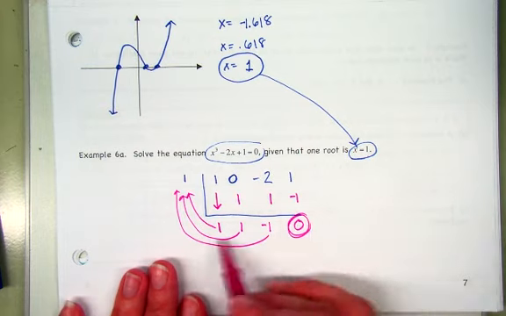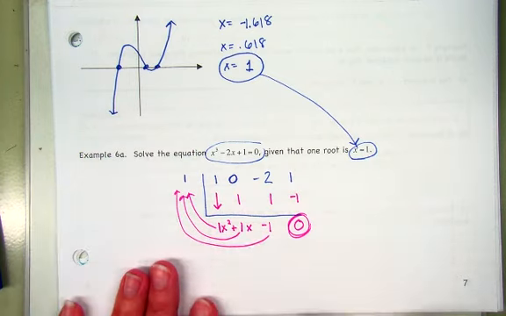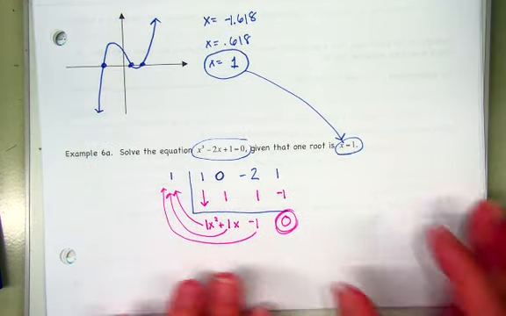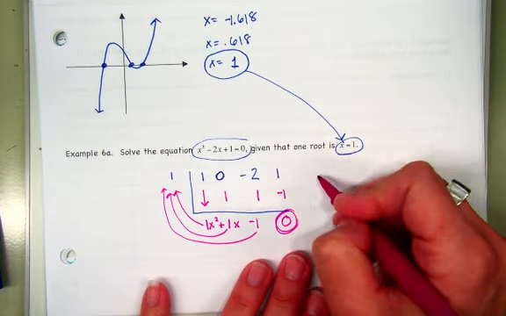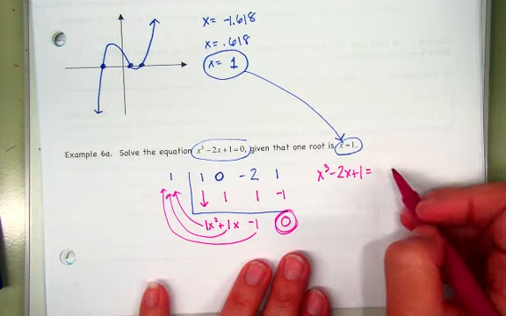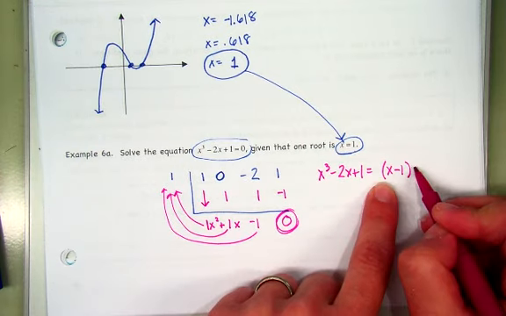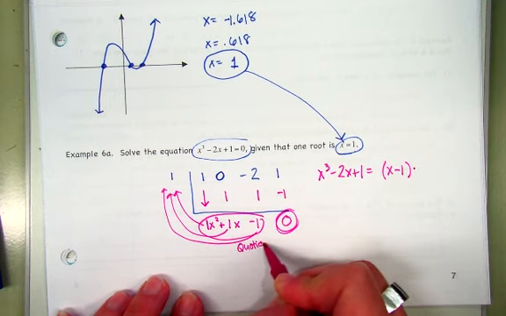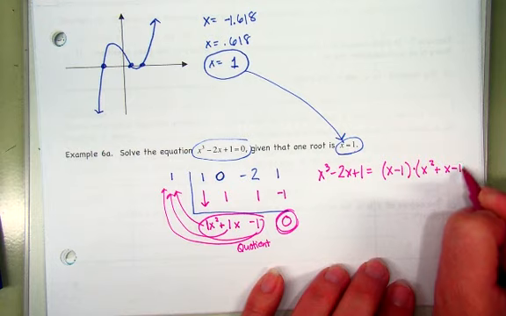So now this remaining stuff, this is x squared, right? So I have x squared plus 1x minus 1. And we can rewrite this kind of like we did yesterday. We can take the original equation and break it up into the factor of x minus 1 times this quotient, which is x squared plus x minus 1.